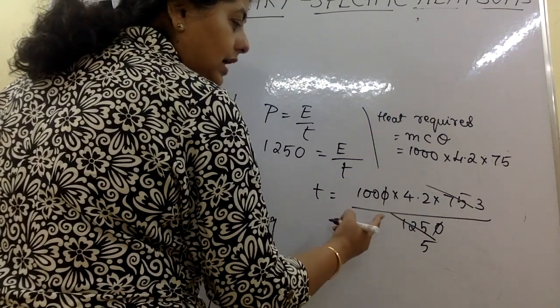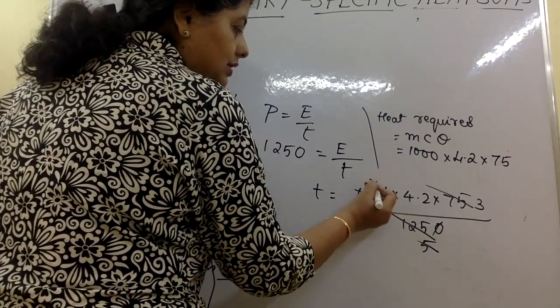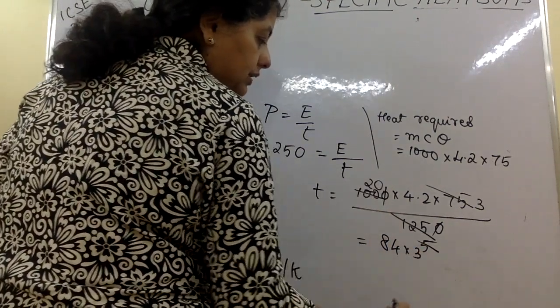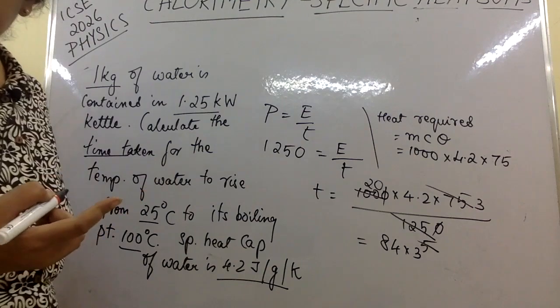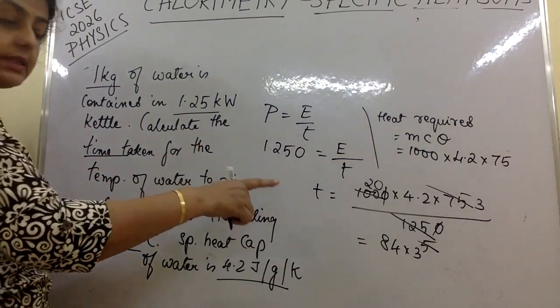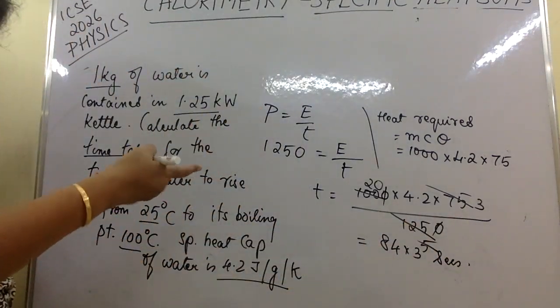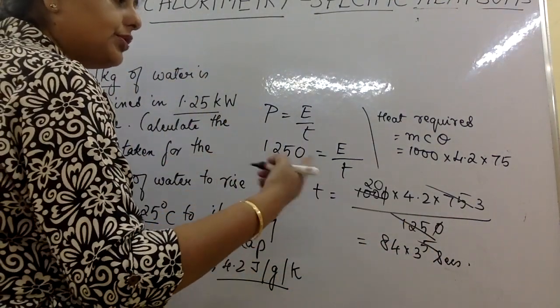Now here I have 84 into 3, that many seconds. Definitely you don't talk like that, 84 into 3 seconds.